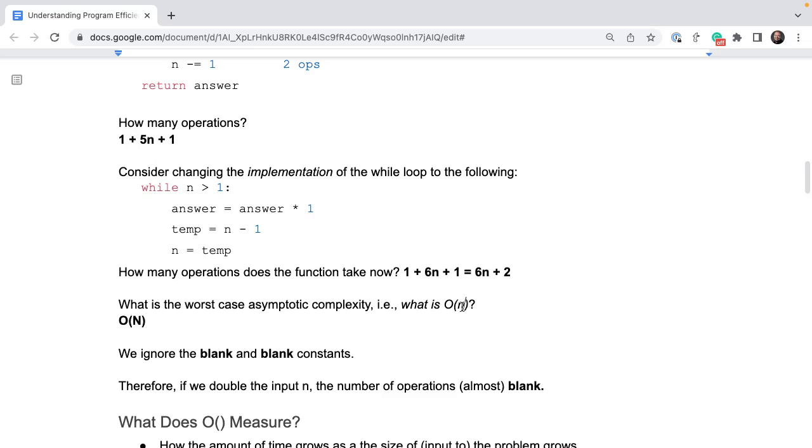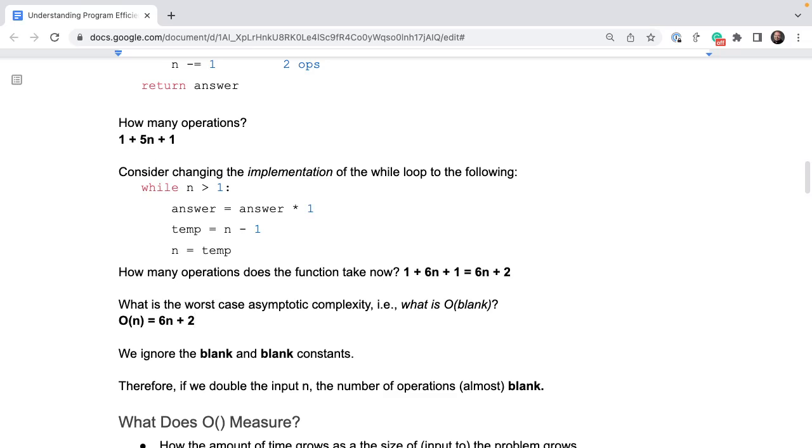I meant to say, what is big O of blank here? This is going to be alluding to some of the rules. So I'll write it like this. 6n plus 2 is just big O of n.